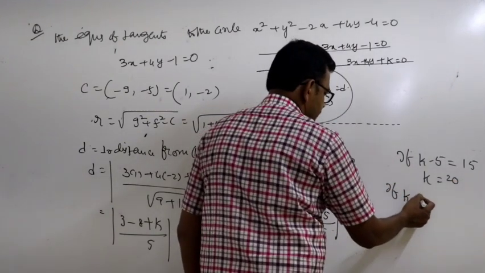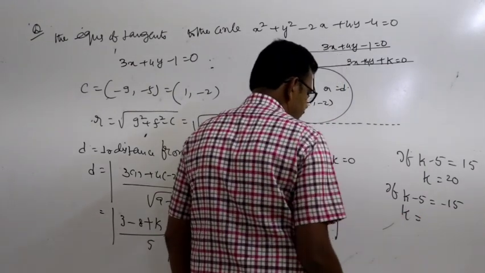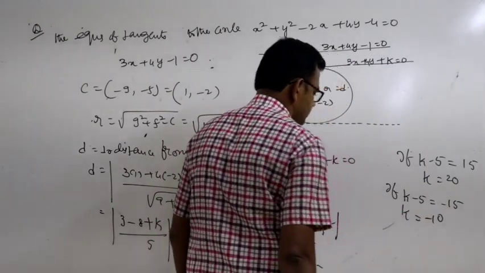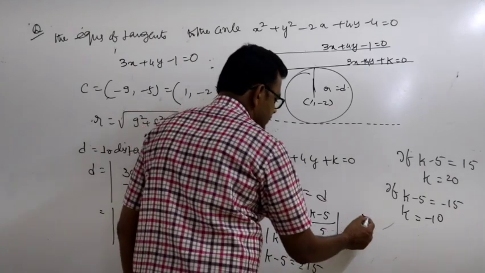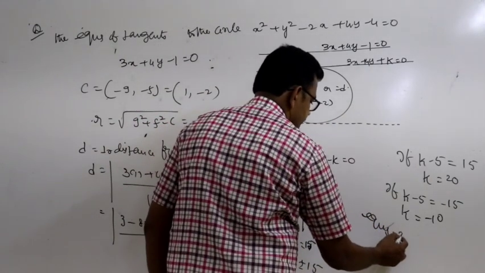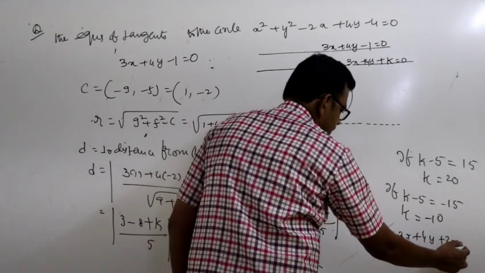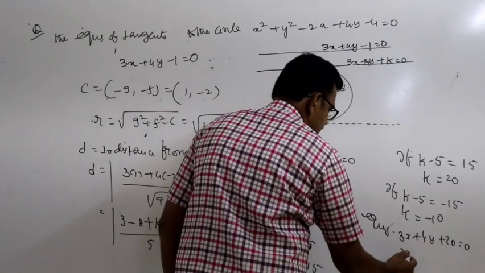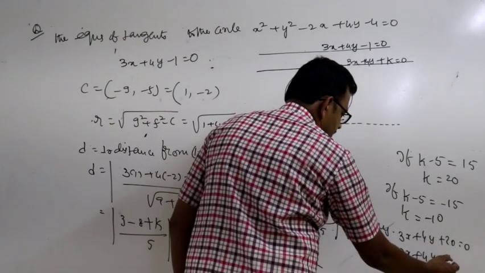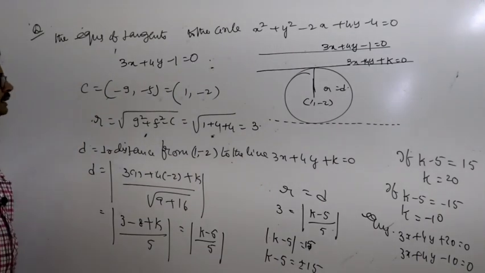If k minus 5 is equal to minus 15, k equal to minus 10. So equations of tangents are 3x plus 4y plus 20 equal to 0, 3x plus 4y minus 10 equal to 0. These are the tangents.